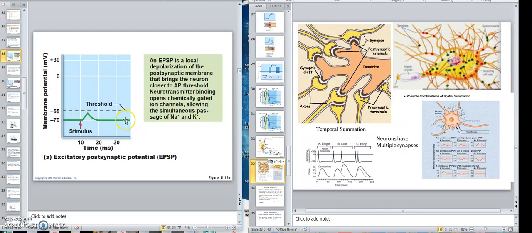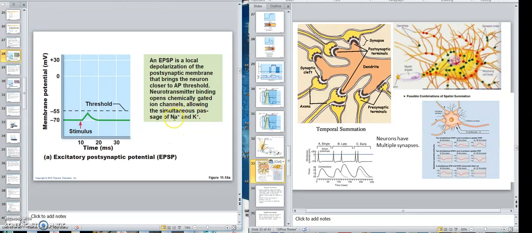To sodium or sodium and potassium. Now, if they open it up just to sodium, it's much easier because sodium would rush in and it's positive. If they open up to simultaneous sodium and potassium, it's a little harder because sodium would rush in and potassium would rush out.